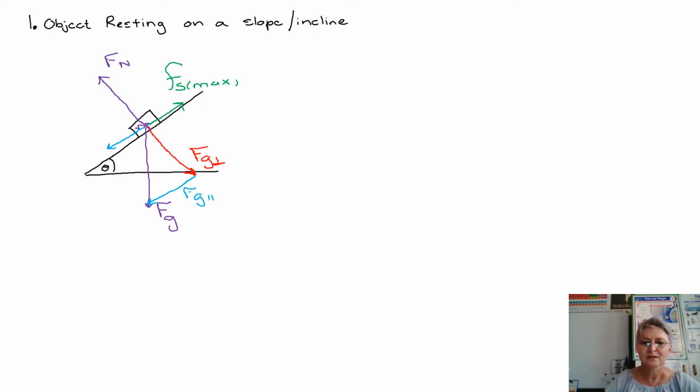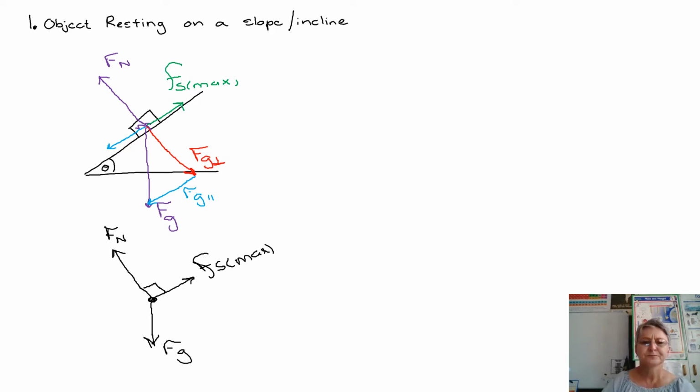Let's analyze the situation. There are three forces acting on the object: the weight, Fg, the friction, Fs max, which in this case doesn't have to be max, and the normal force that makes an angle of 90 degrees to the incline.